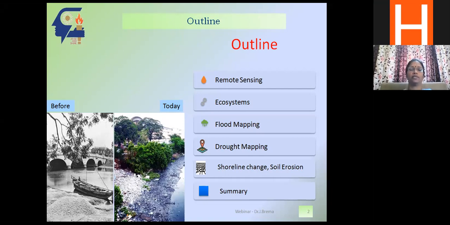When I started my work in 2003 or so, we got only 3-band images, a very preliminary image. Then slowly we got into multispectral images with 11 bands, 12 bands. So now we are using Landsat imageries, which are multispectral imageries.